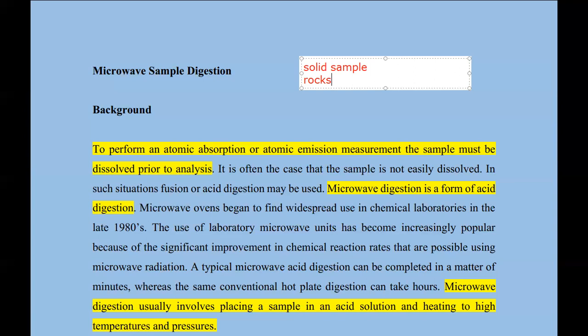Because some of the analytical instruments that we use do not allow the input of a lot of sample. Some of them, like HPLC, high performance liquid chromatography, use a very, very small amount of sample.